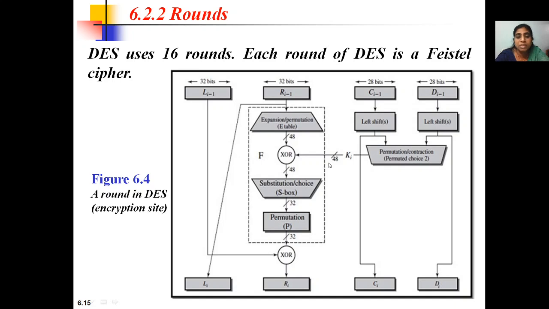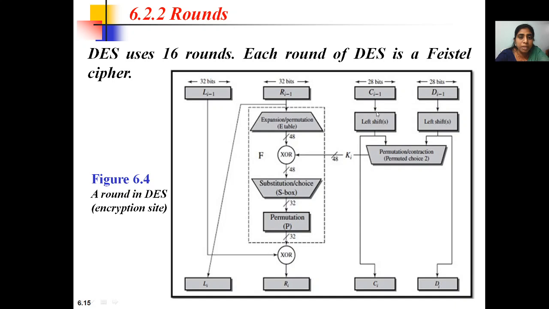Like we have seen in the previous slides, we take the 56 bit values, do the left shift, then the contraction where we get the 48 bits.